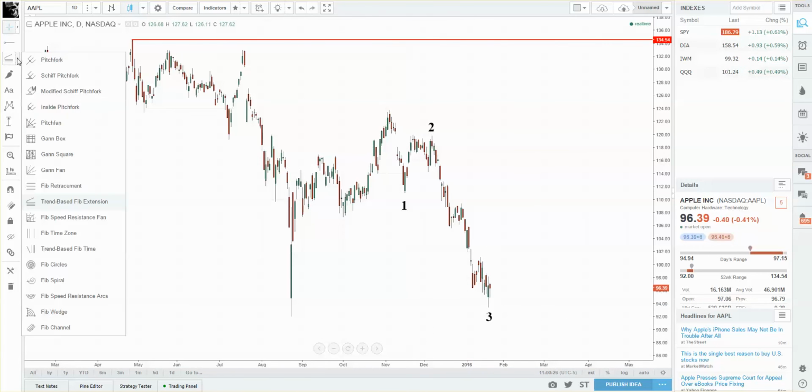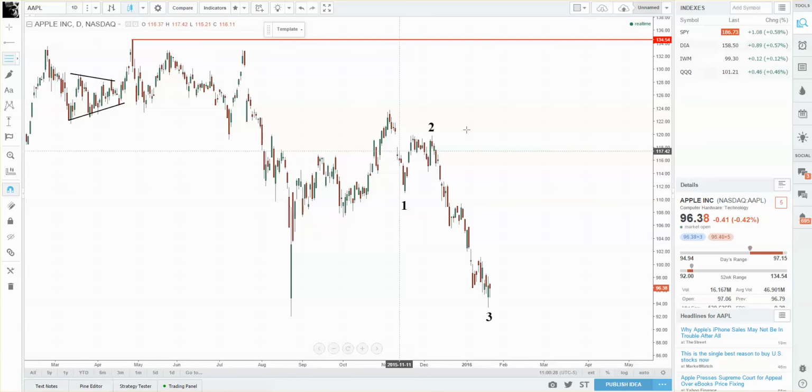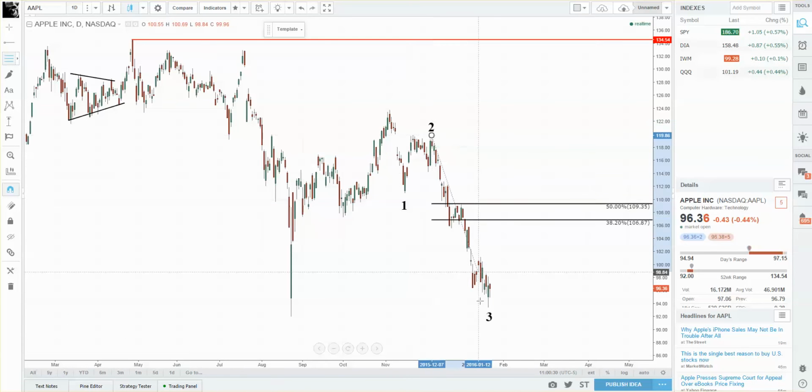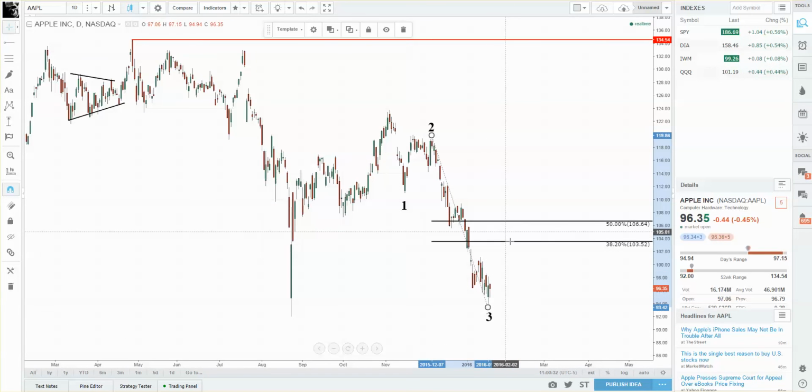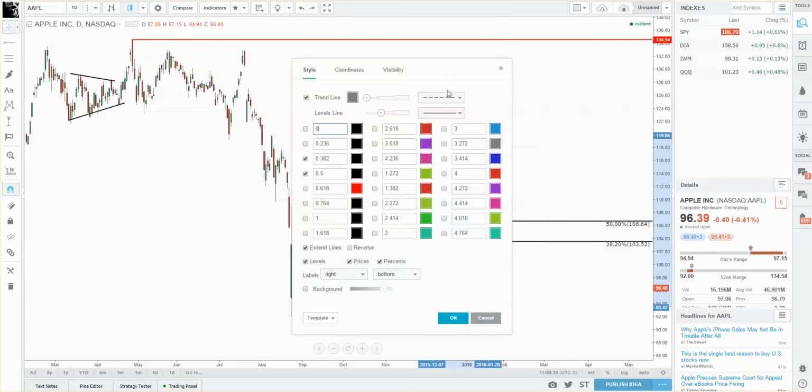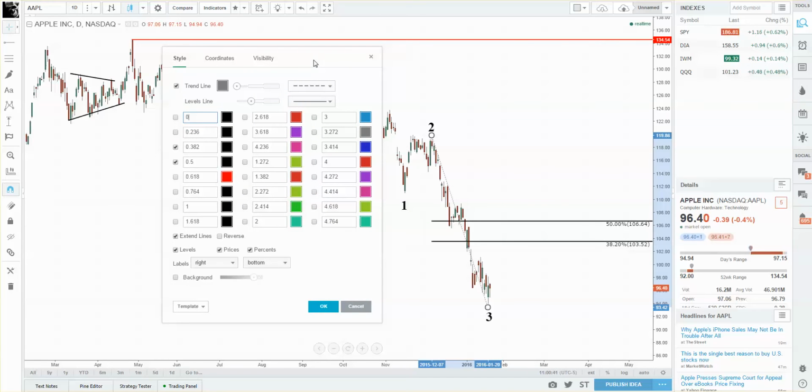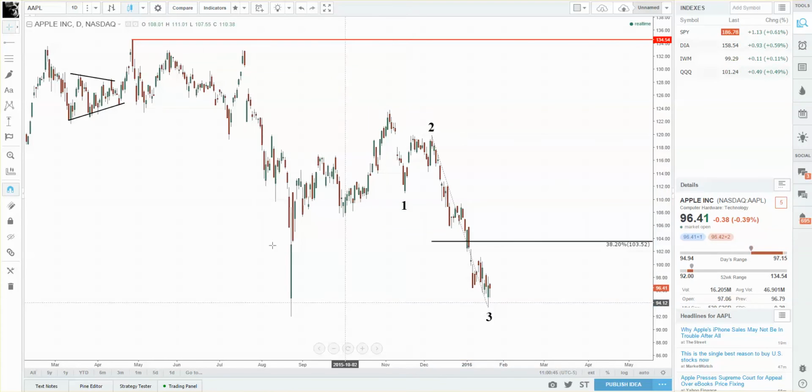Okay, so if we do the same study real quick, I think a 50% retracement of wave 3 would probably be too deep. We know that Apple has fallen out of favor with investors some, so we'll expect a more shallow retracement.